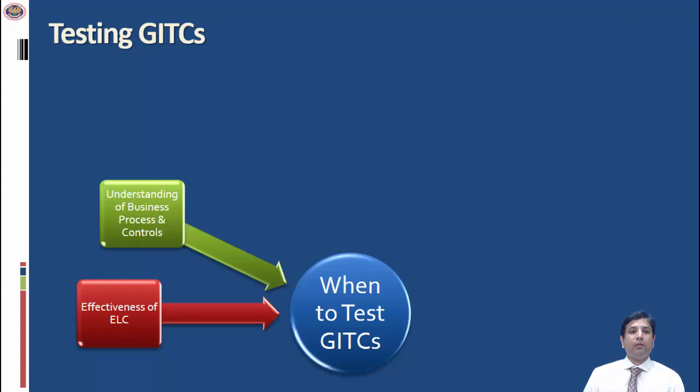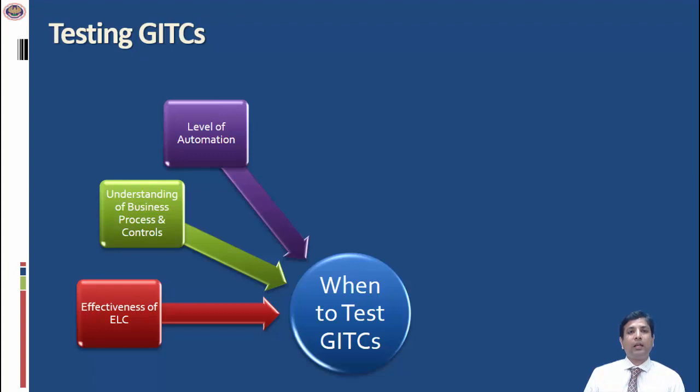Another factor to consider for timing of testing for ITGCs is understanding of the business process and controls. As we are aware, our understanding of the business of the client and the internal controls that are built in will provide us insight into the level of automation that is involved in the ERP or the level of automation that a company has put into place.